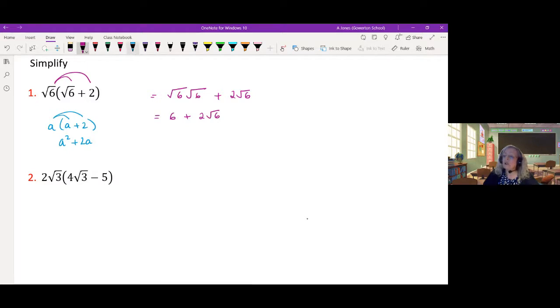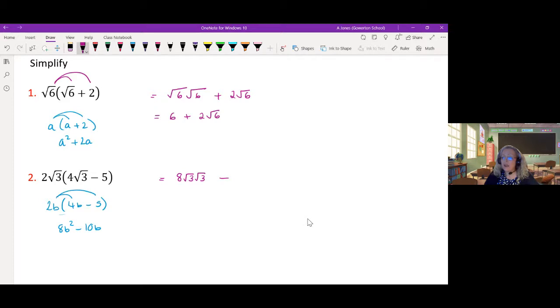For the second one, if this was algebra, I might have 2b and then 4b minus 5. And if I was multiplying this out, I would have 8b squared minus 10b. So I'm just going to apply the same rule to this one. And I've got 2 root 3 multiplied by 4 root 3. 2 multiplied by 4 is 8. And then I've got root 3 root 3.